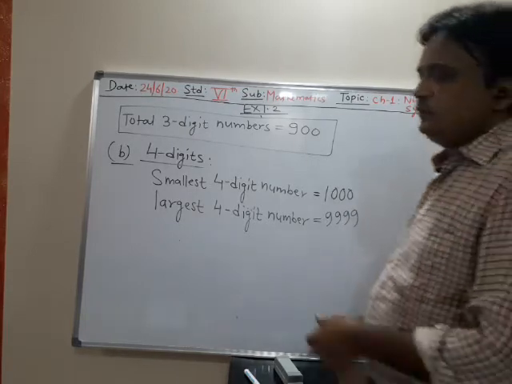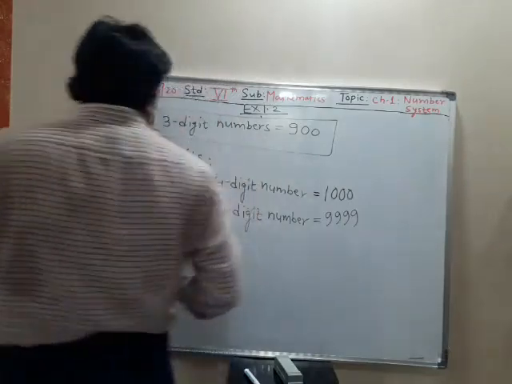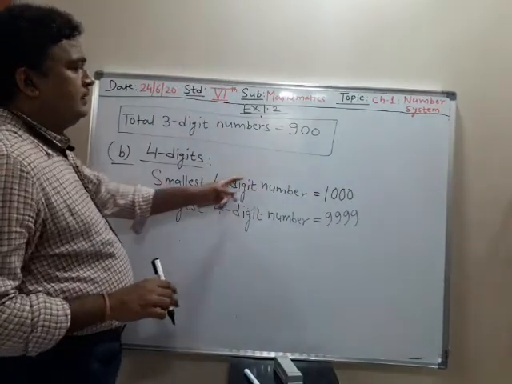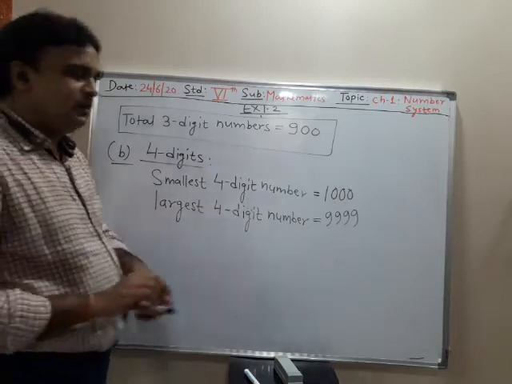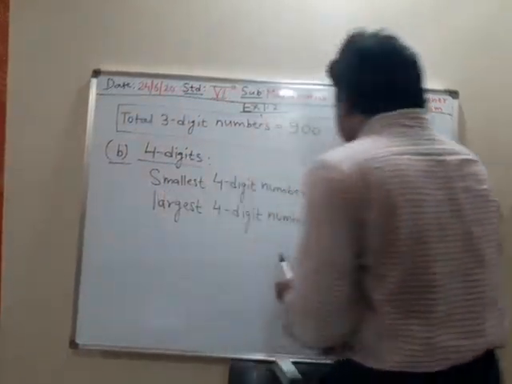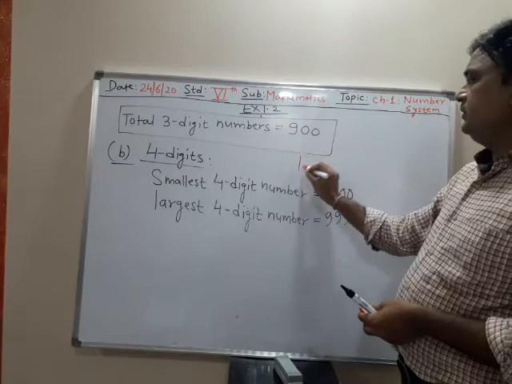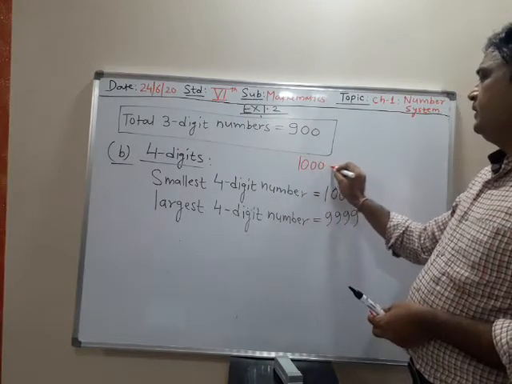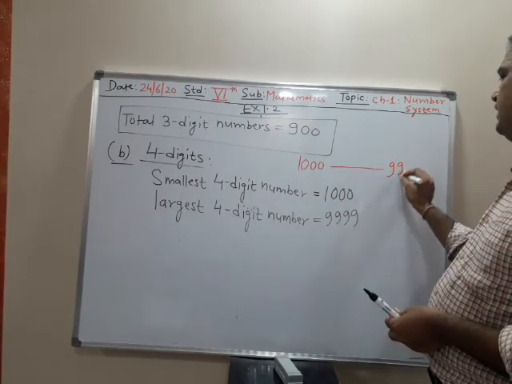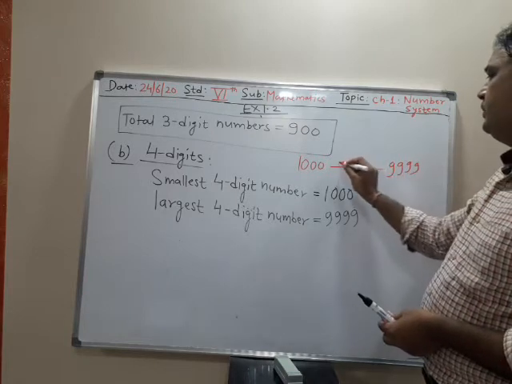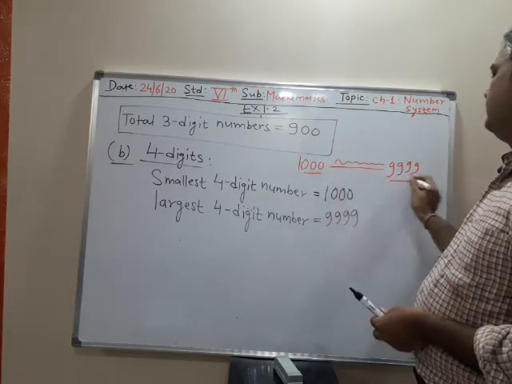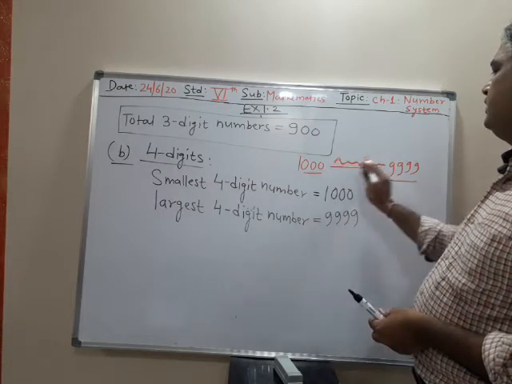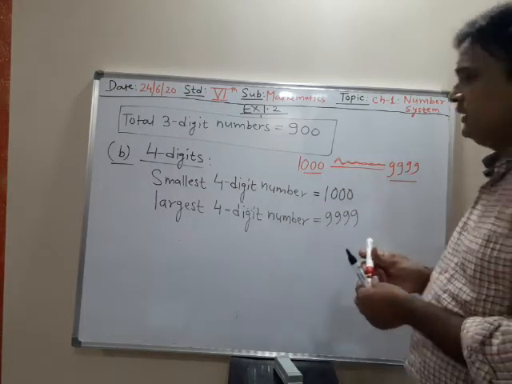So the smallest 4-digit number is 1000 and the largest is 9999. How many numbers are there in total? All the 4-digit numbers we have to find.